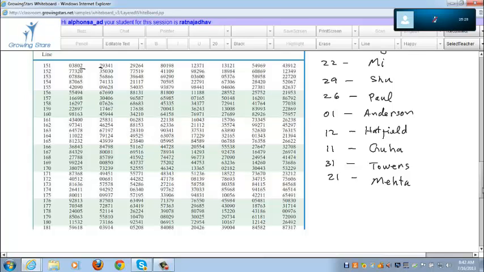So the first treatment is antidepressant alone. It's written there. Antidepressant alone, placebo alone, antidepressant plus stress management, and placebo plus stress management. So treatment 1, antidepressant.